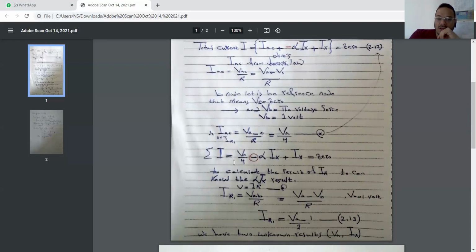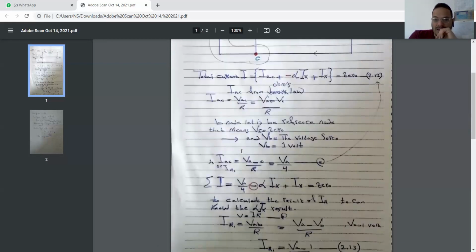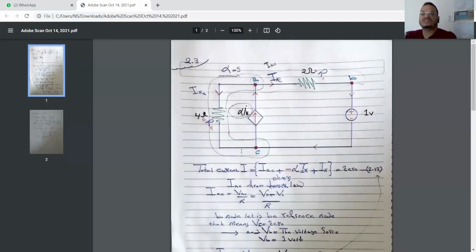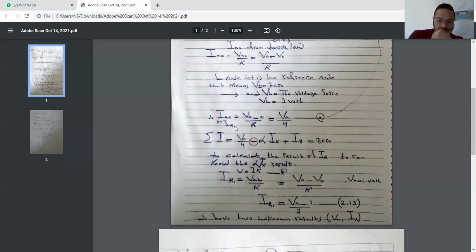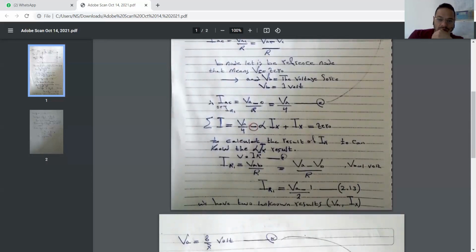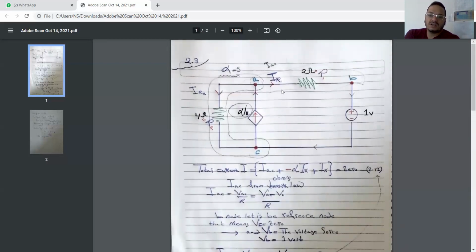Now, instead of VAC, we can write VA divided by R. To calculate the result of IX, it's a very important element to us because without it, we can't calculate the alpha IR1. From Ohm's law, V equals IR, here IR1. What does that mean here? IR1 is between 2 points, and the current here is between 2 different potential points.